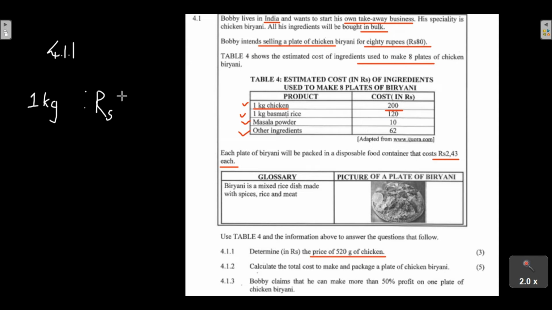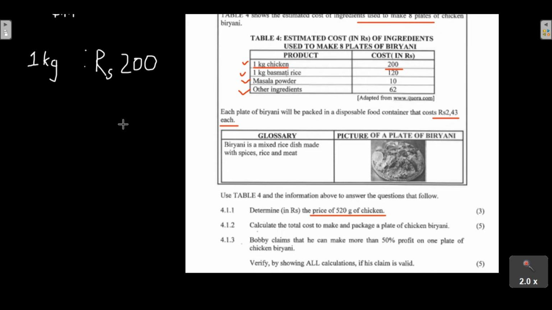Now we want 520 grams of chicken, and I'm writing it on the left hand side of these columns. So kilograms of chicken should be on the left hand side, and the costs on the right hand side. First things first, you have to ensure that the SI units are the same.